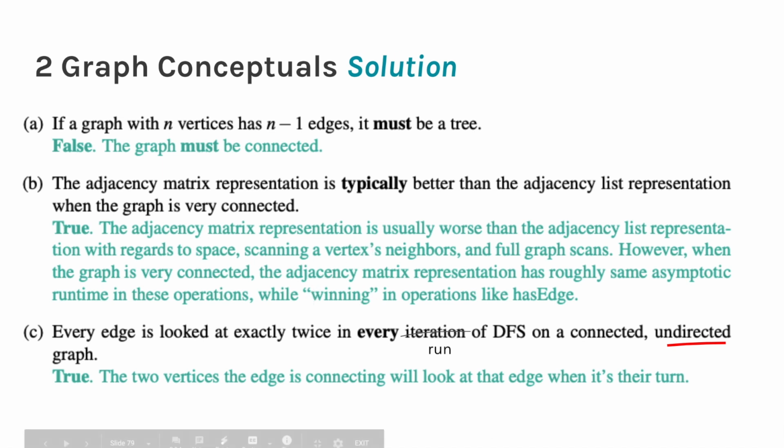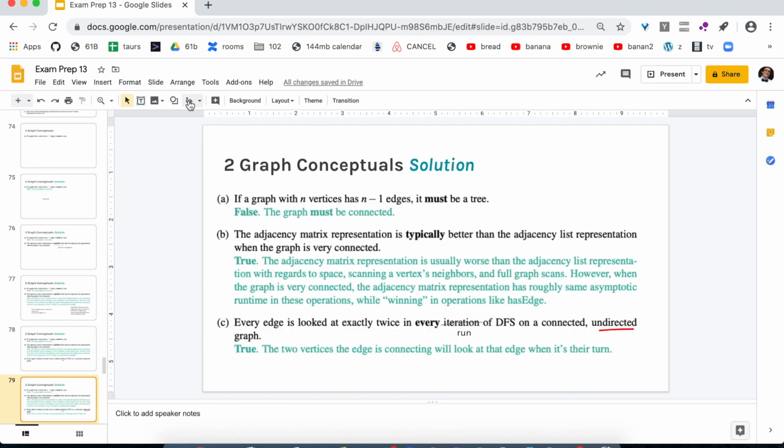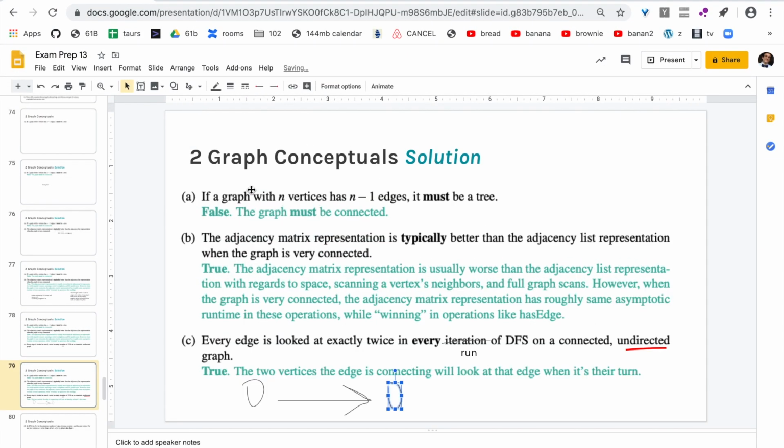Maybe it's easier if I draw it out. If we have something like this, let's go full screen. This would essentially be what an undirected edge is treated like in a run of DFS, because we can go in either direction.